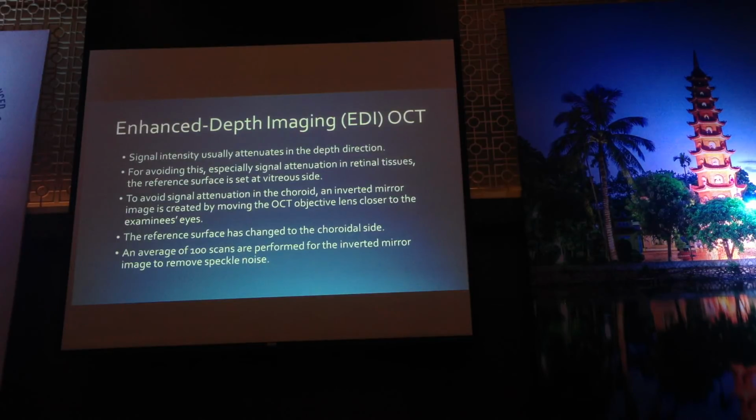Once you get the mirror inverted image, it means the choroid is going to be close to the OCT machine, and with that, you can set the reference plane at the choroid, and the choroid is going to be visualized clearer than normally performed. So this is the basic concept of the enhanced depth imaging OCT.